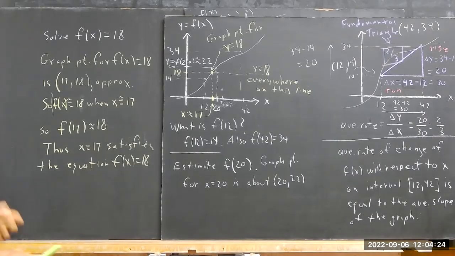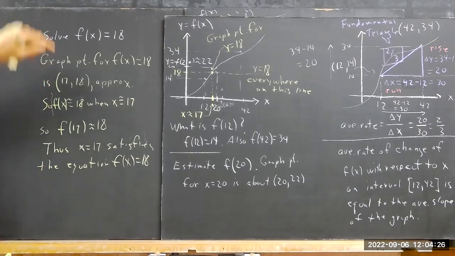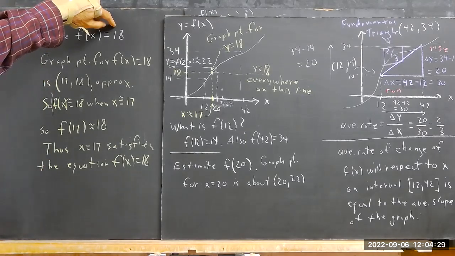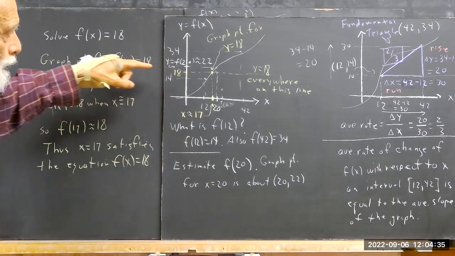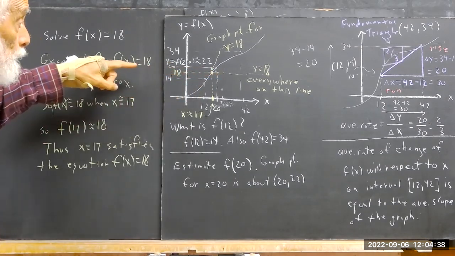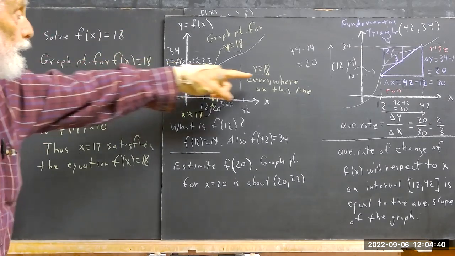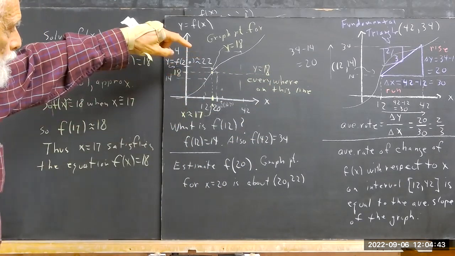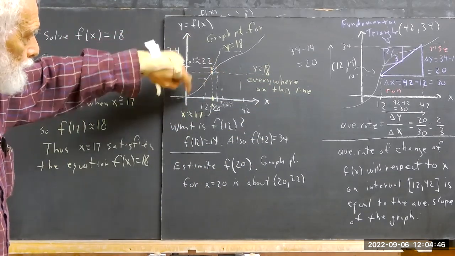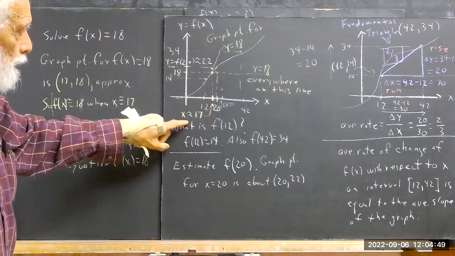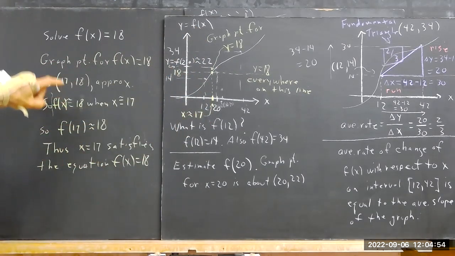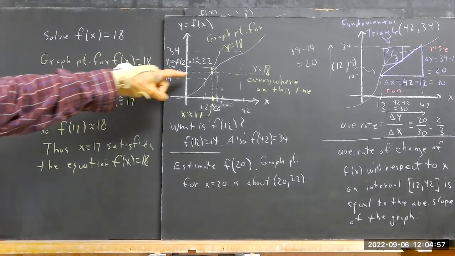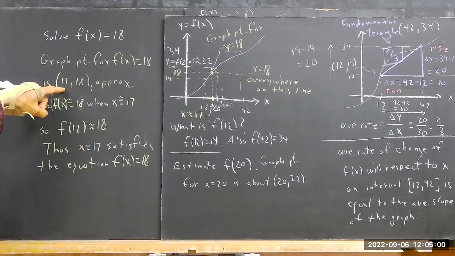Again, I apologize, I lost track of the camera. But to solve f of x equals 18, we did what we did here. f of x is 18, y equals f of x, y equals 18 everywhere on this line. So if we take the point where this line intersects this graph, we can project downward and find the value of x that makes f of x 18, because the graph point for f of x equals 18 is this, and its coordinates are 17, 18, approximate coordinates.